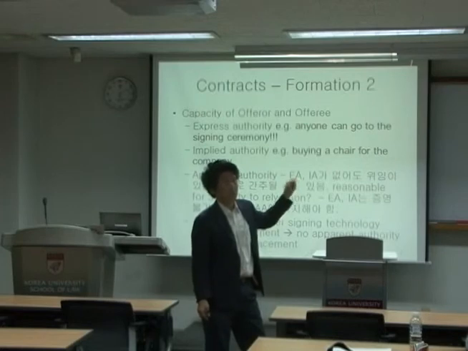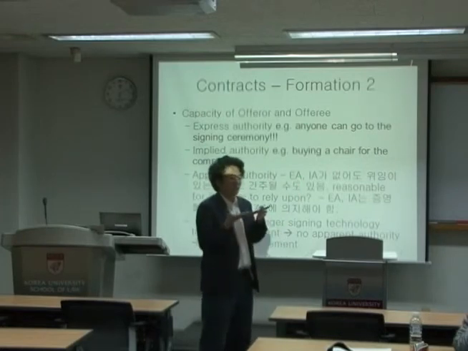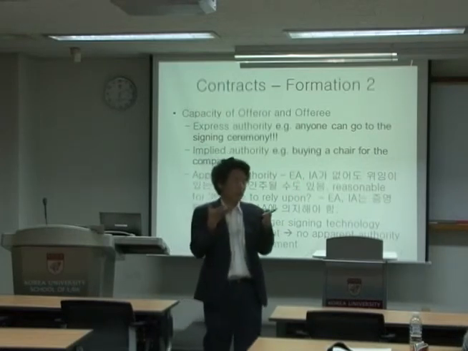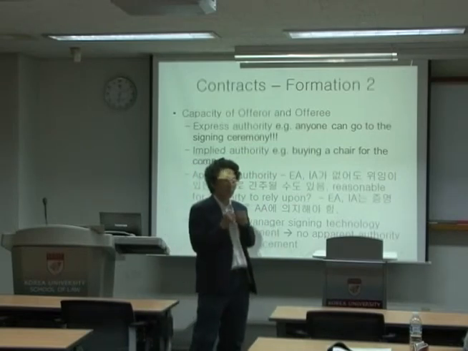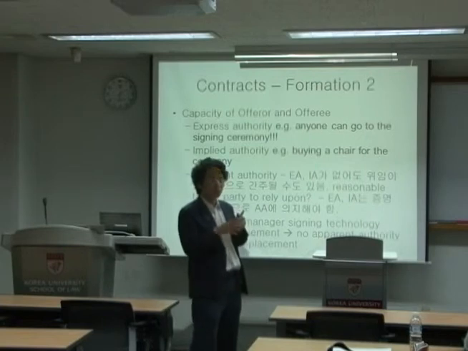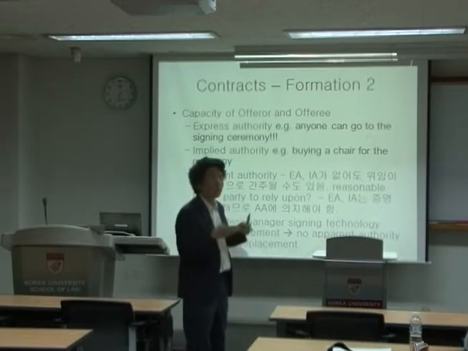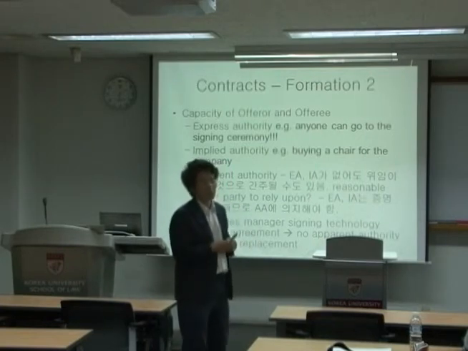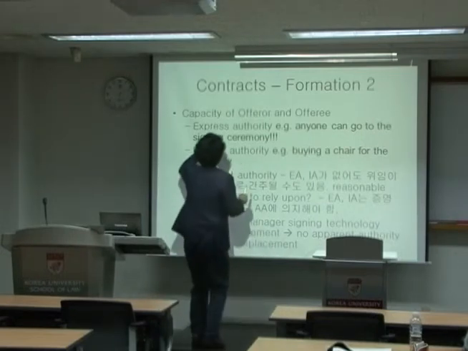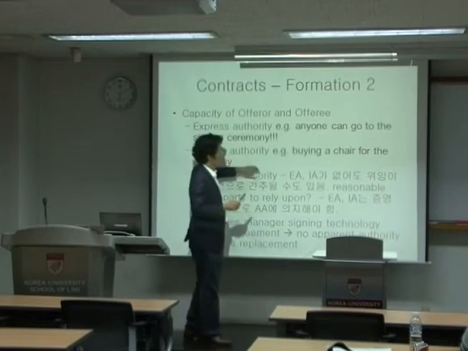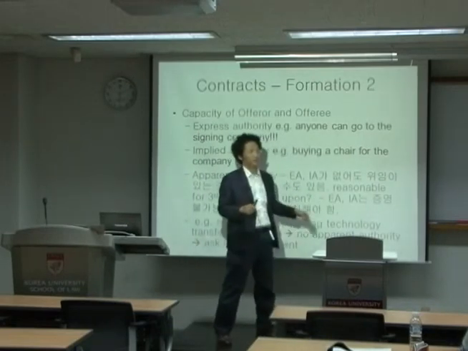That's easy, right? So in light of his ordinary duties and position, you may have the authority to do something on behalf of the corporation even when you are not expressly authorized to do it. Okay? But again, express authority and implied authority are difficult to prove.